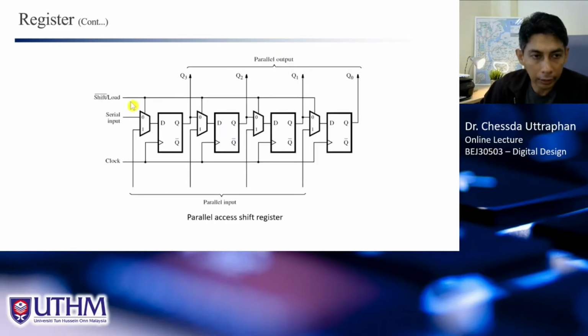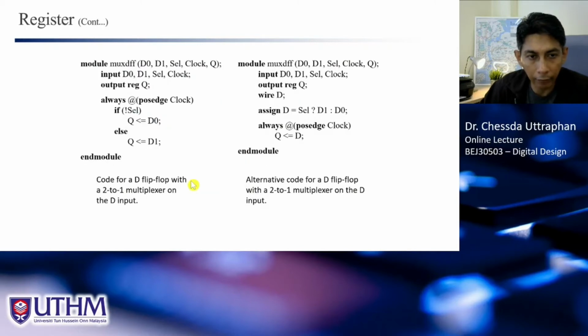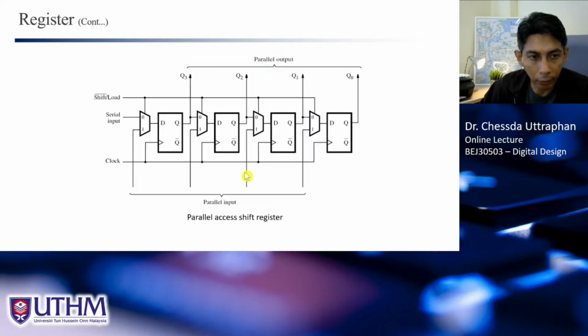How do we create this parallel load shift register? We have many ways to create this circuit. One way is to use the hierarchical design methodology, where we create one part, or one bit, the flip-flop with the multiplexer, and then we instantiate, call or import this into a new design where we connect like this.